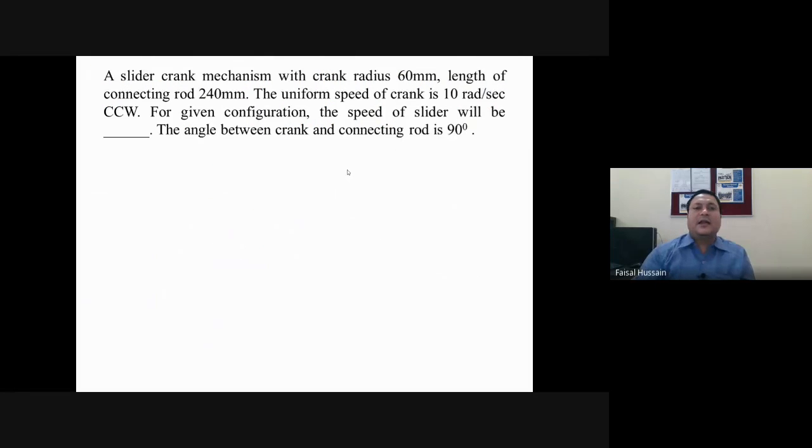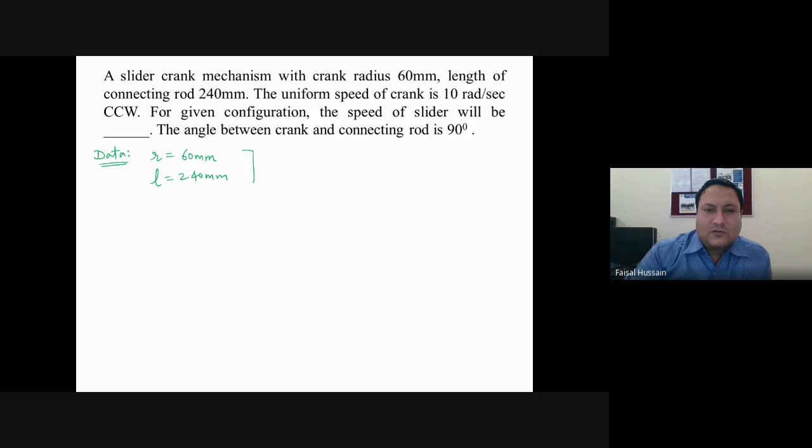Now similarly, next problem, problem number 3. The problem says a slider crank mechanism with radius of crank 60 mm, radius is given, length of connecting rod is 240 mm.